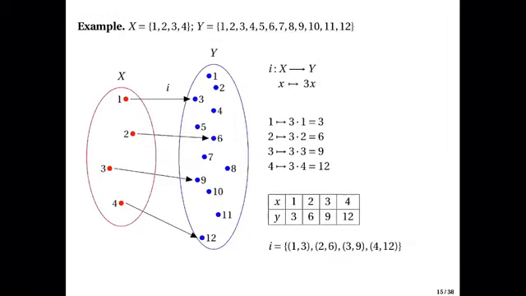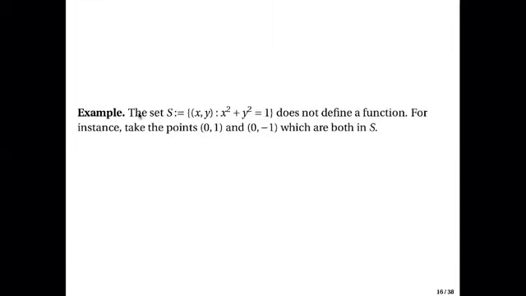Question. Let's look at this example. Let us consider the set X, the set of ordered pairs x comma y, where x and y satisfy x squared plus y squared equals 1.